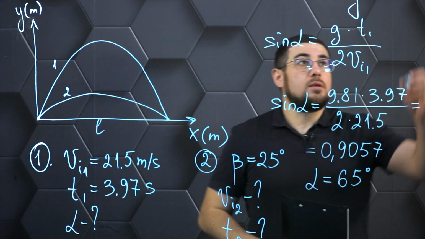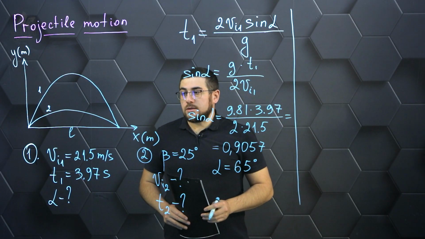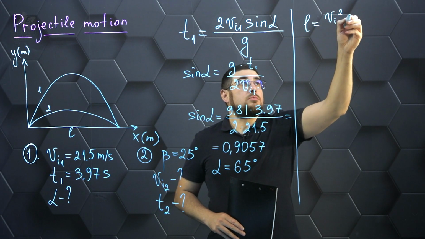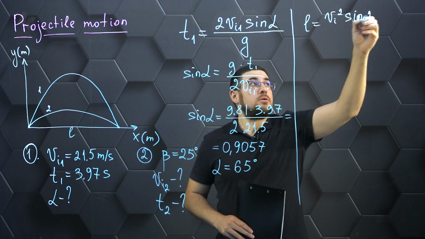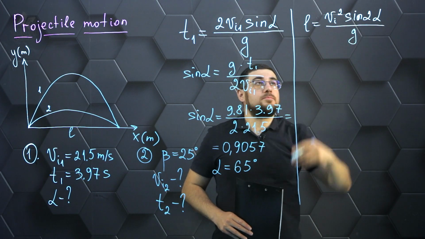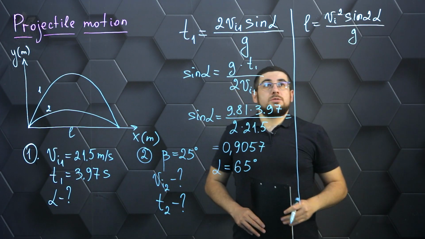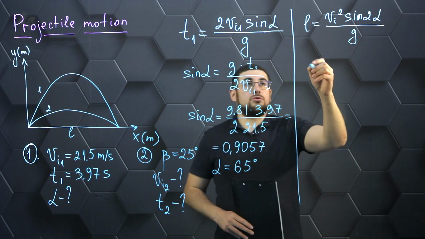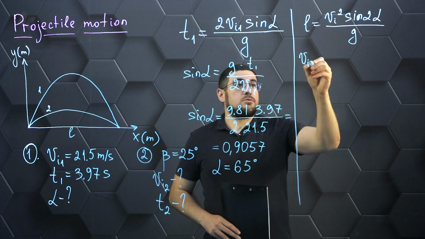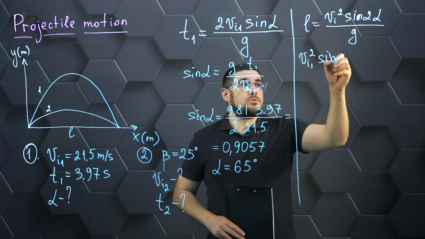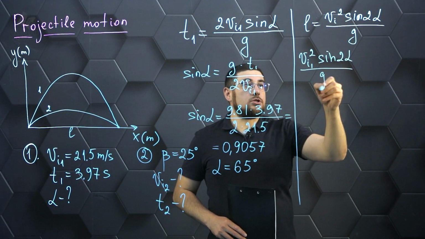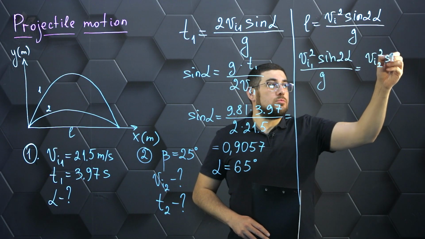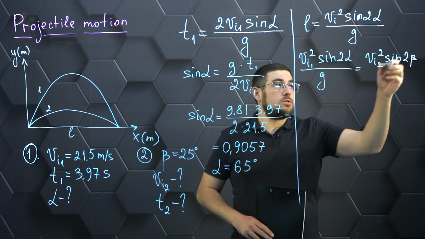Let's do that. Now the range, I remind you, is determined by the formula: the square of the initial velocity times the sine of the double angle, divided by g. So our task is to write the range for the first case and for the second case and equate these expressions. Then we get that the initial velocity of the first case squared times the sine of 2 alpha divided by g, is equal to the square of the initial velocity in the second case times the sine of 2 beta divided by g.